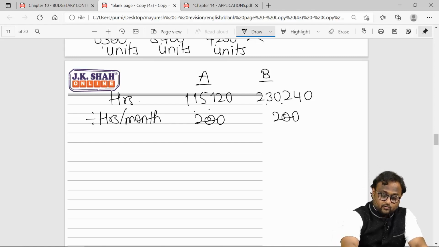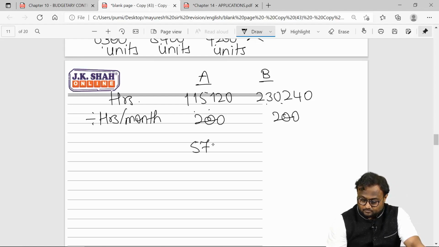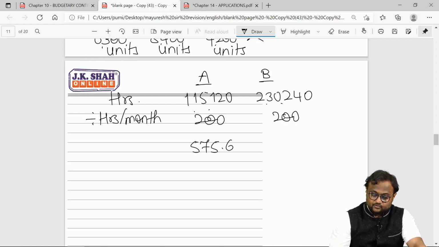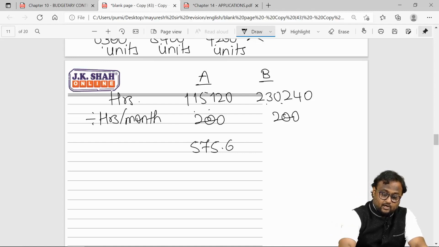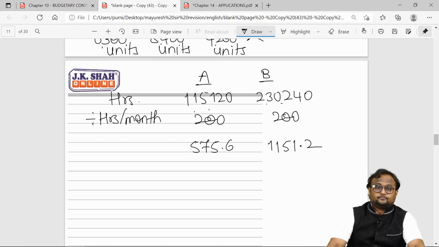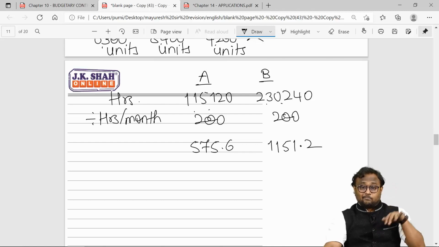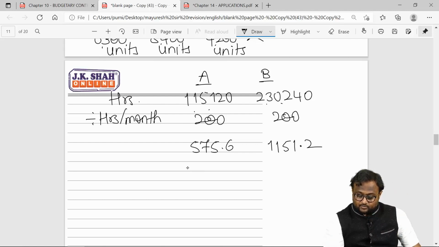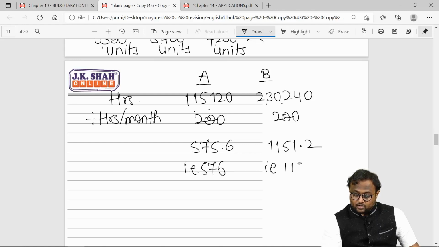So guys, to complete the workload of 115, 120, 575.6 workers will be required, and for carrying on the workload of 230, 240, 1,151.2 workers are required. You can't have a 0.6 worker and 0.2 workers. So this has to be rounded off as 576, and this will be rounded off as 1152.